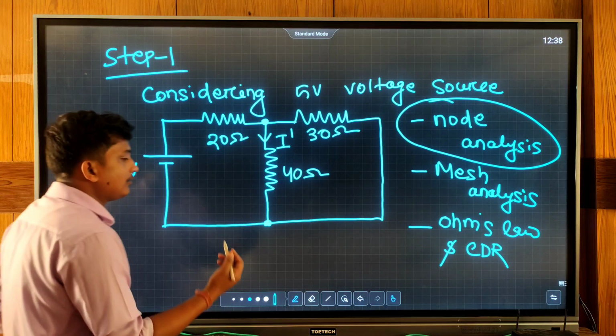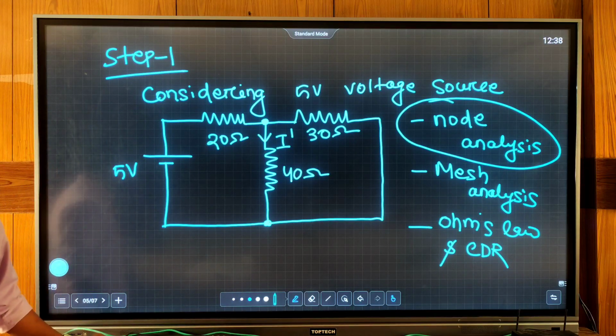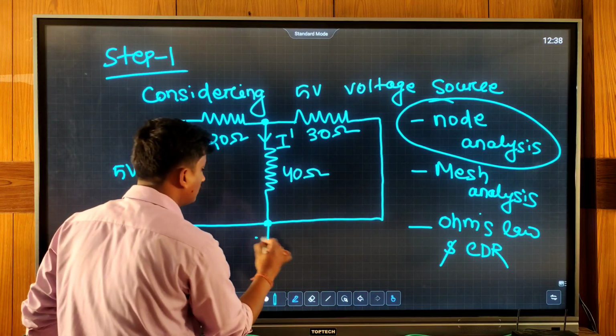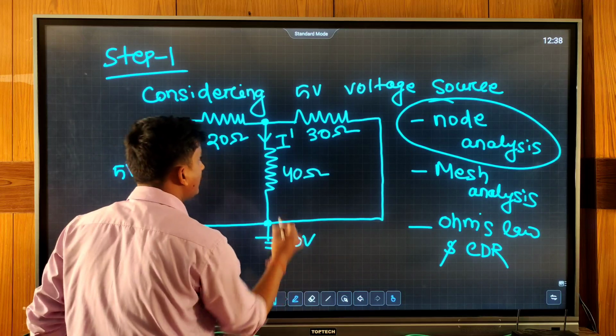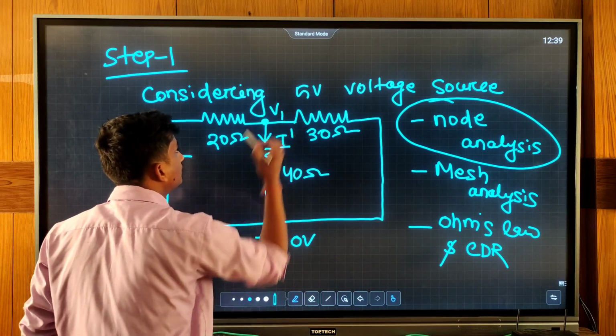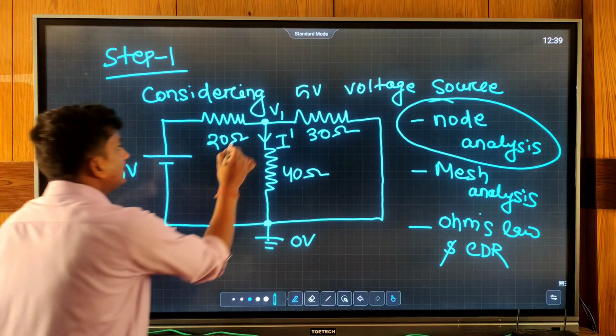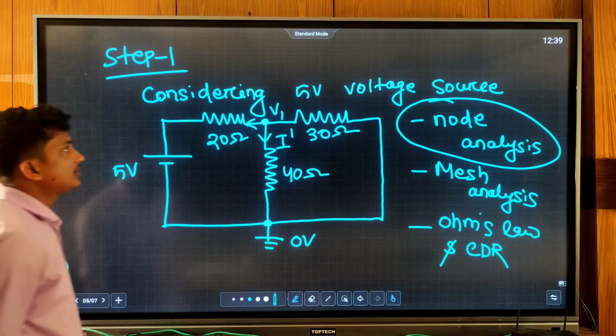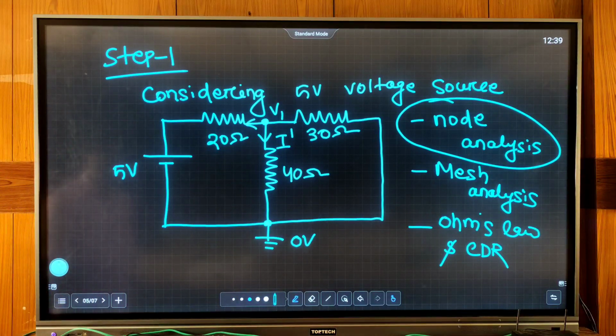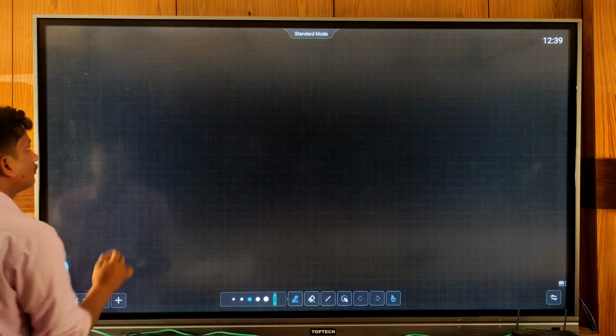In node analysis, one node is taken as the reference node or zero potential node, and for the other node we have to take a value. I am taking here V1. So the current flowing in this 20 ohm resistance will be V1 minus 5 divided by 20 by Ohm's law.